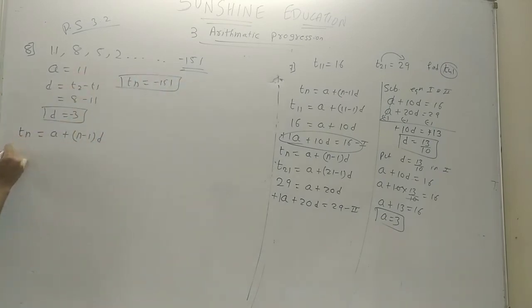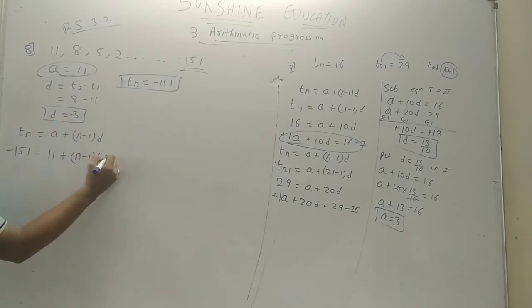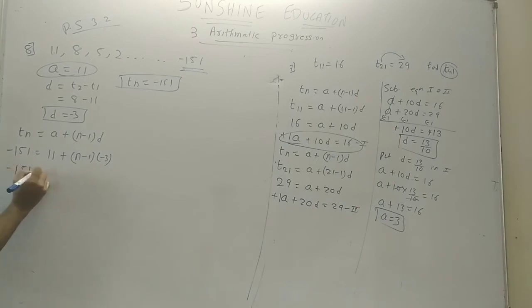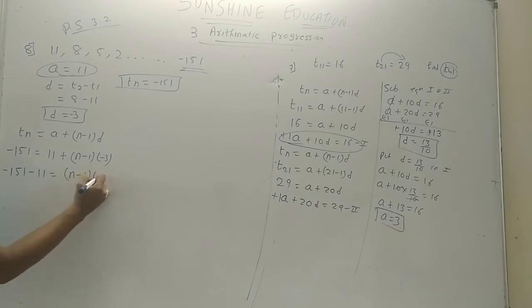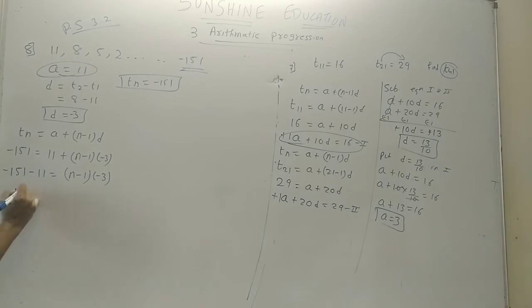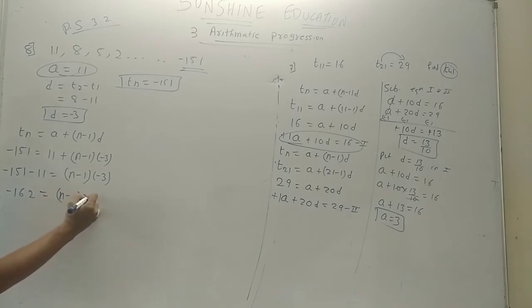So minus 151 is equal to, what is a? a is 11 plus, we don't know the position, so n minus 1 as it is, and the difference is minus 3. So minus 151 is equal to 11 plus n minus 1 into minus 3. I'll take 11 to this side, so it is minus 151 minus 11, we will have n minus 1 into minus 3 on RHS. So when I add this, it will be minus 162, and n minus 1 into minus 3.